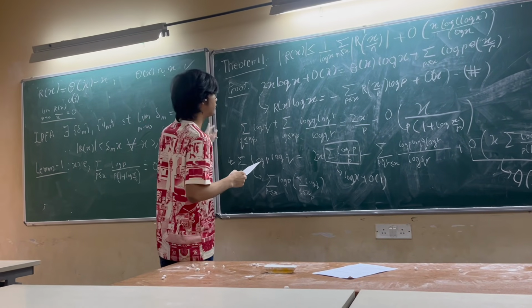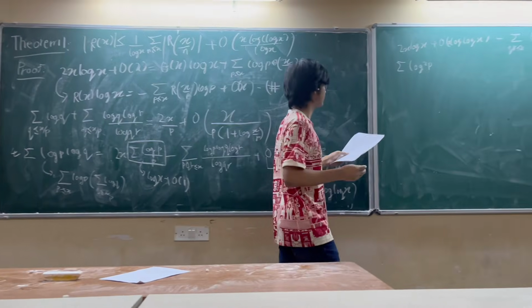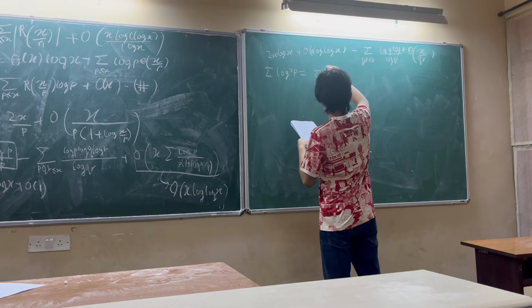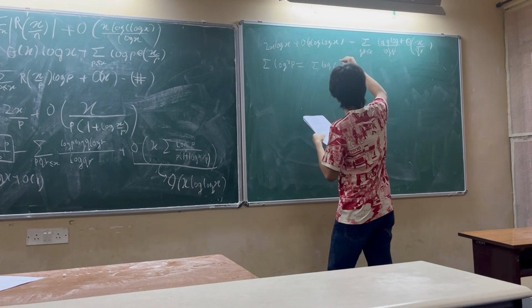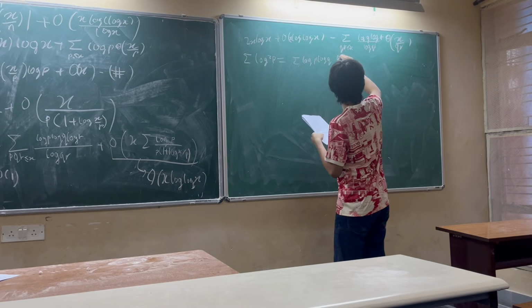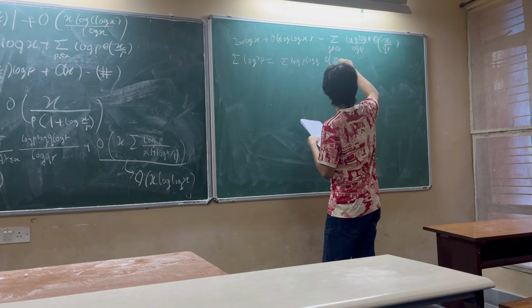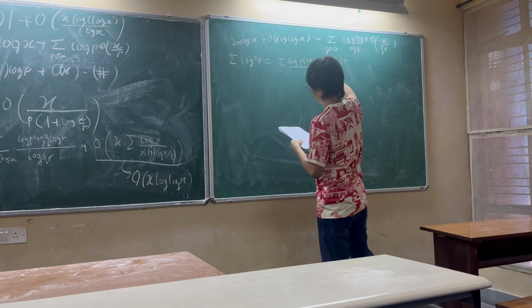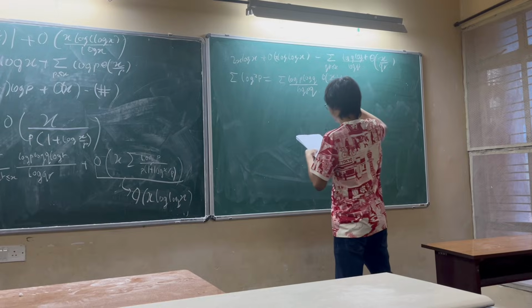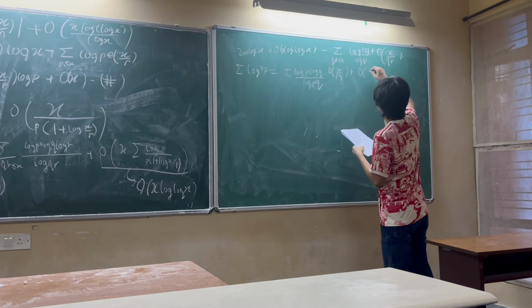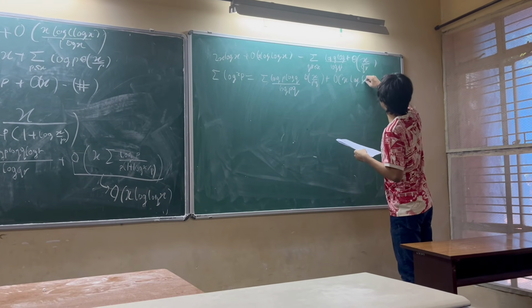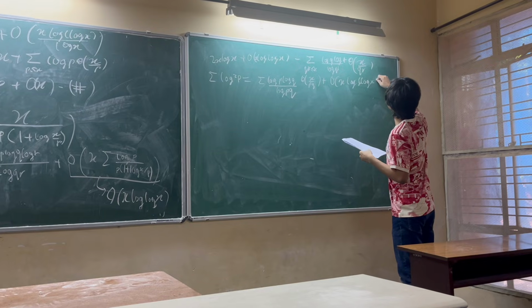So when you insert it into the Selberg formula that we had to begin with, we get that log squared p is equal to summation log p log q theta of x by pq, plus also but divided by log pq, where of course pq is less than or equal to x, something of the order of x log x.